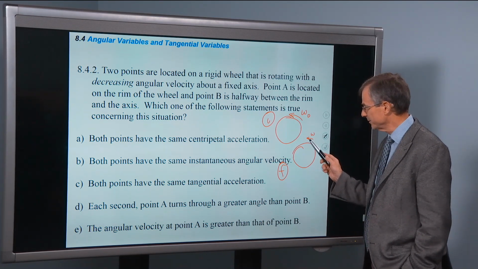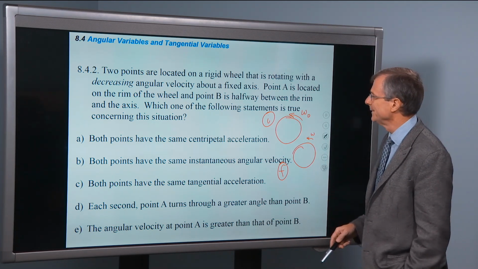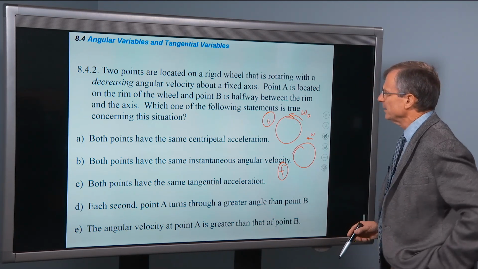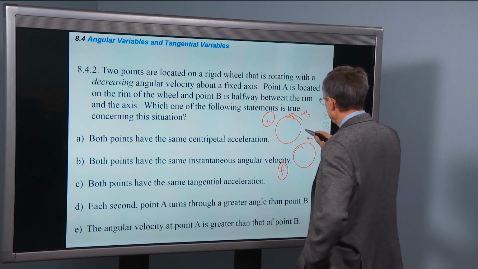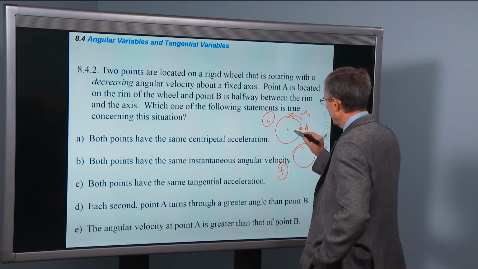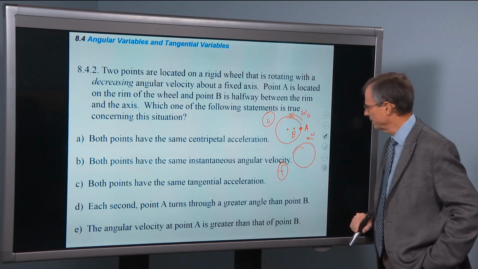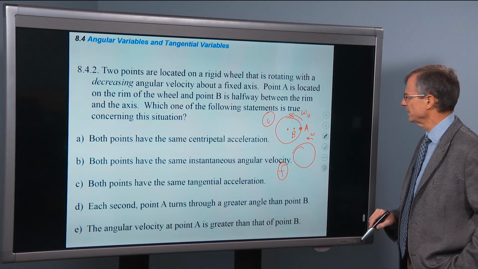So I drew less of an arc here than I did for the initial angular velocity. Point A is located on the rim of the wheel, and point B is halfway between the rim and the axis. So here's point A on the rim. Point B is halfway between the rim and the axis. Which one of the following statements is true concerning this situation?